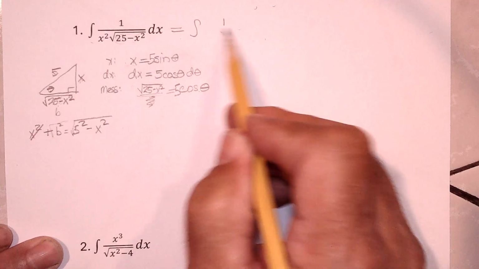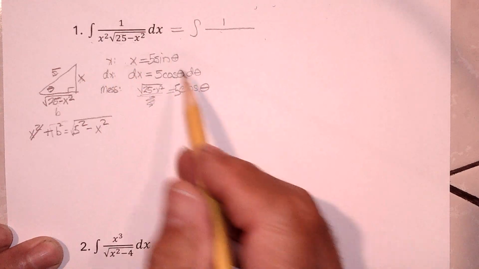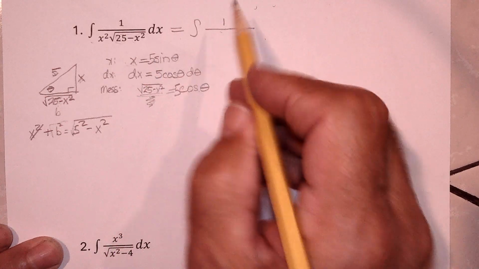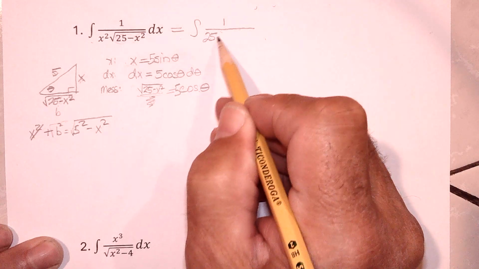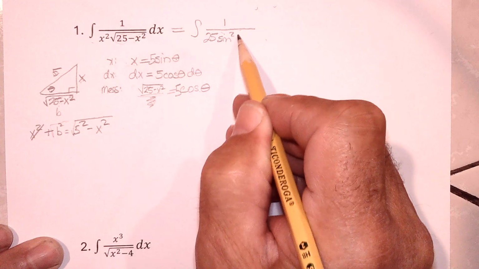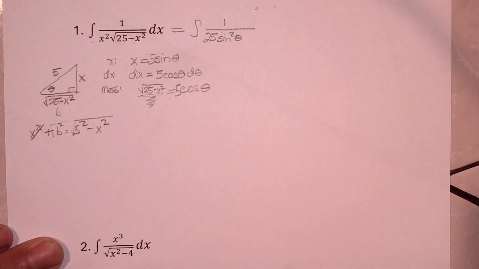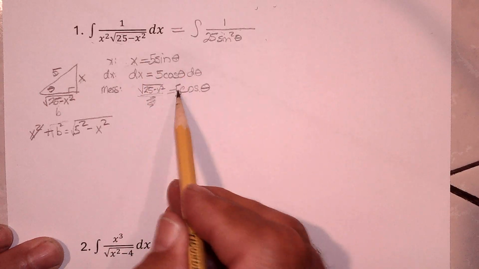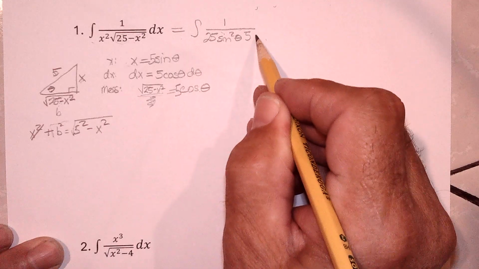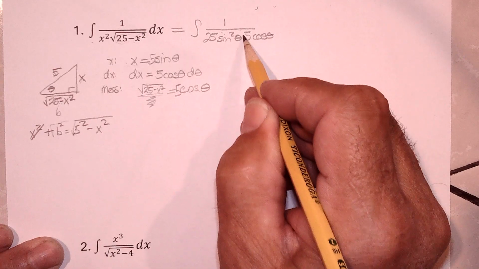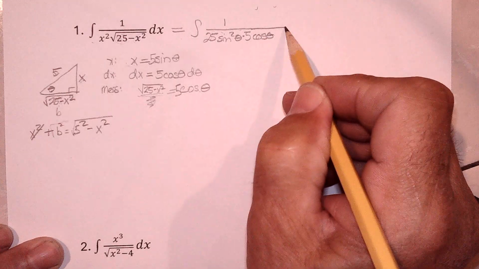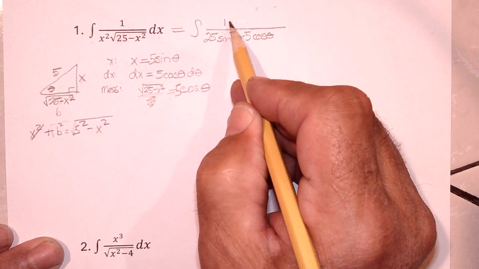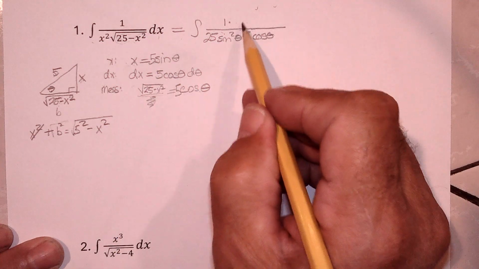The 1 will stay 1. X squared becomes 5 sine theta quantity squared, so that's 25 sine squared theta. And then I have this also down there, which is 5 cosine theta, times dx, which is over 1, so this can go in the numerator, so I have 5 cosine theta d theta.